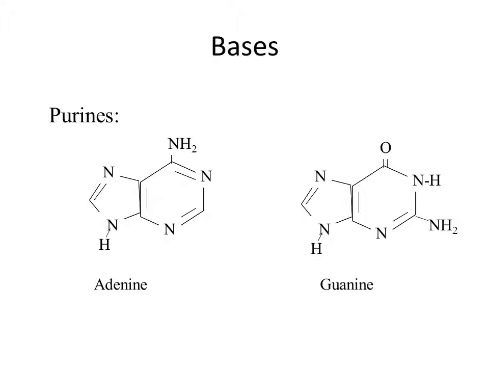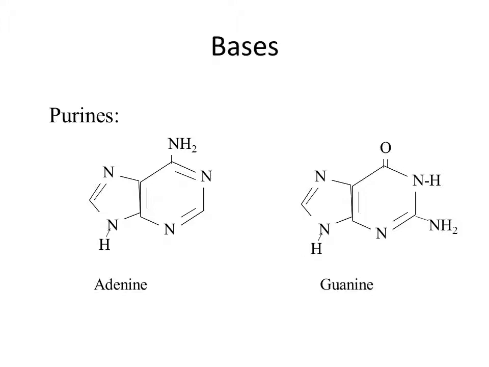Now we have the bases. The bases are all aromatic heterocycles that have nitrogen in them, and lots of nitrogen. The purines are adenine and guanine, and they both have this basic structure of a 6-membered ring and a 5-member ring, and they're fused together, and the nitrogens are in their particular places, as you can see.